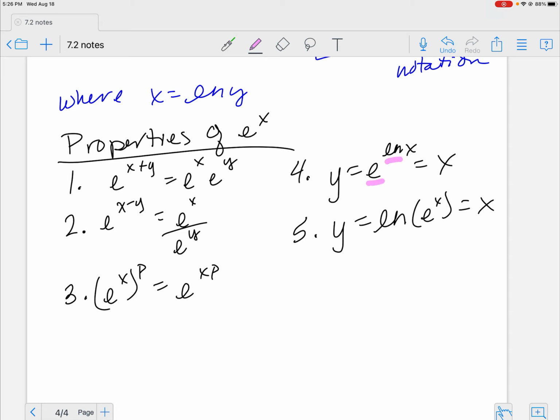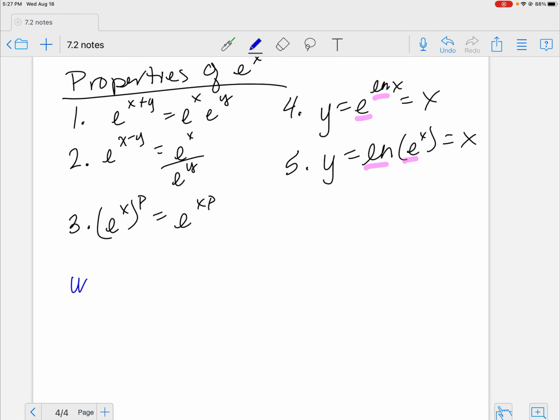If your e and your natural log are touchy-touchy, that's what I call it, they're inside functions of each other, then they're inverse functions. Remember, we just did a whole section on inverse functions. You swap out those x's and y's. If they're inverses of each other, when you do that composition, they cancel out and you're just left with an x. Ta-da! Here is that example also. They're inverses of each other. Okay, so we got that nice little algebra review there.